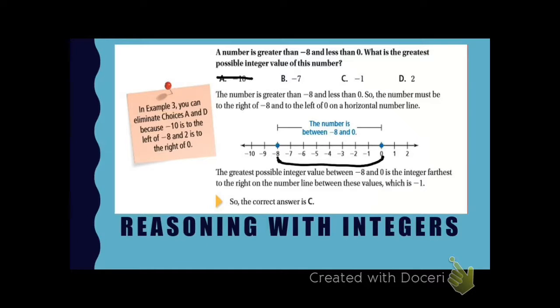So I can get rid of that choice. -7 is there. -1 is there. +2 is all the way over here. It's not even being considered. So the only 2 choices I really have are -7 and -1. Which one's greater? The one to the right. -1 is greater than -7. That is the greatest possible choice between -8 and 0. So the answer C is correct.